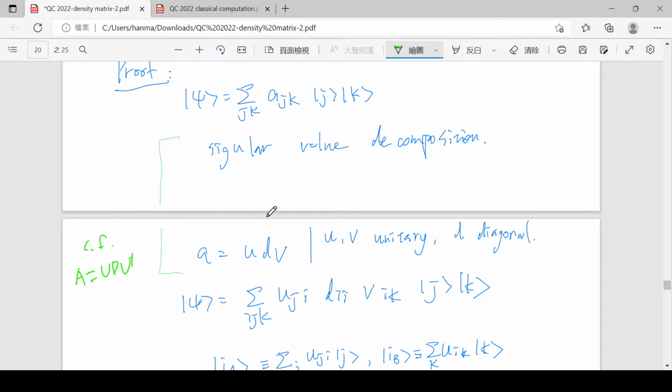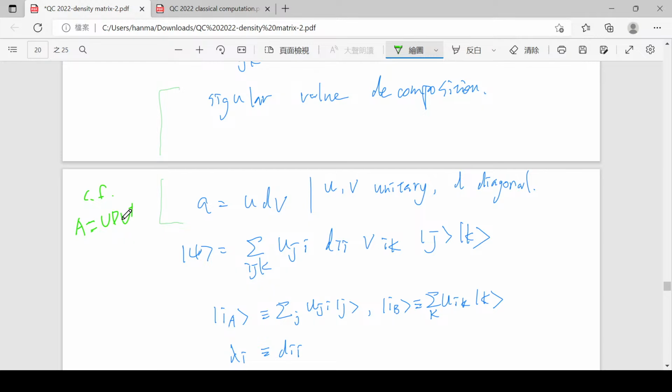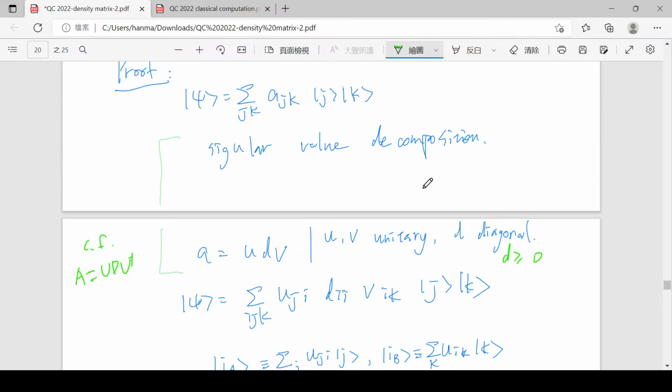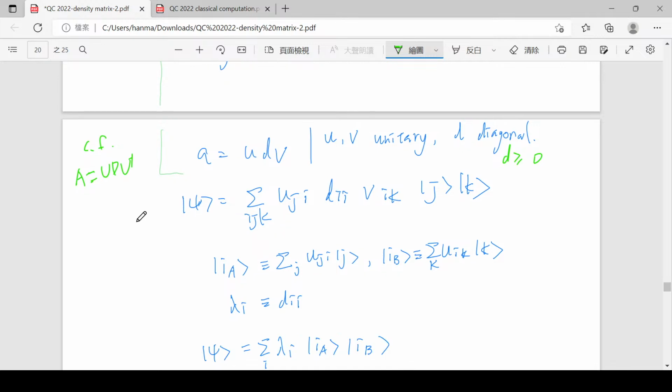It is possible for any matrix. And because you have lots of freedom in U and V, you can assume your D is diagonal and positive, because any extra phase you can just absorb into U and V. So let's just assume this is possible.